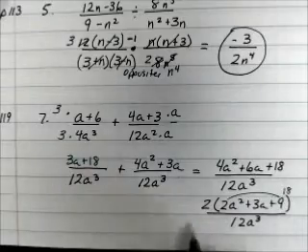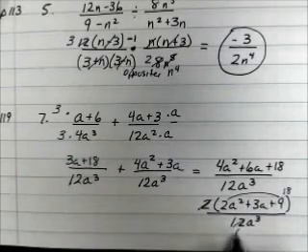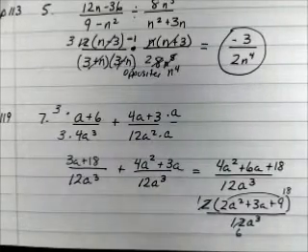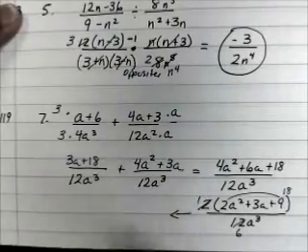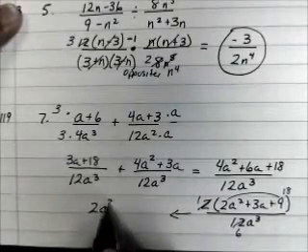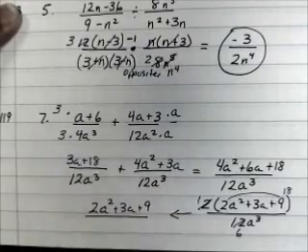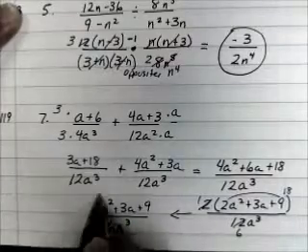Now we'll just divide out the 2 and the 12, reduce. And apologize for this, but I'm going to go this way. And our final answer would be (2a squared plus 3a plus 9) over 6a to the third.